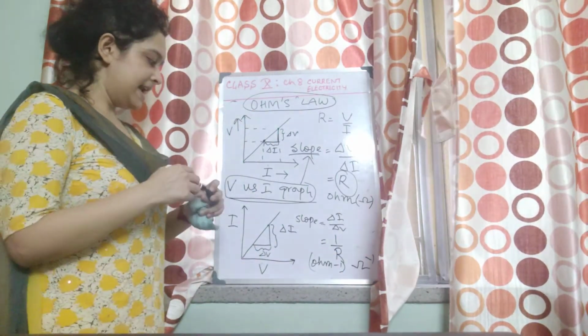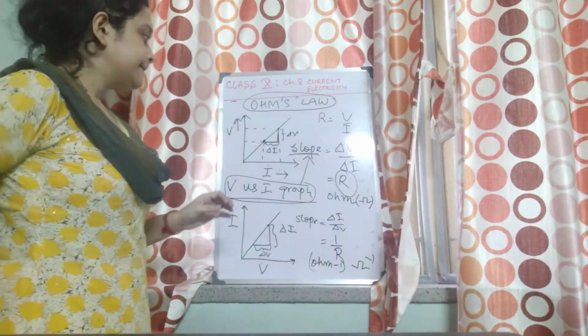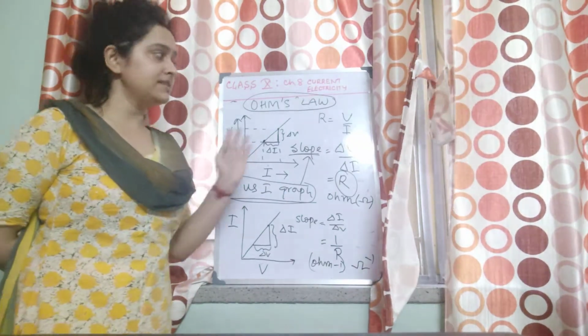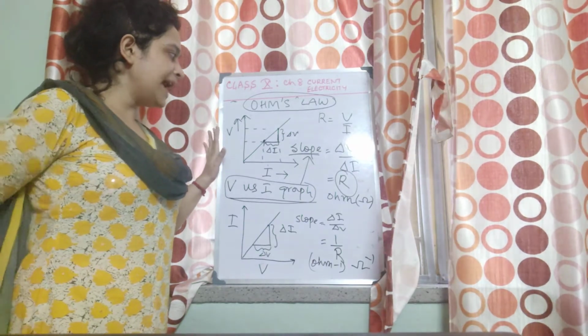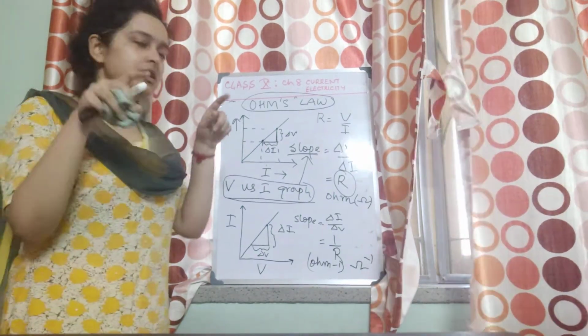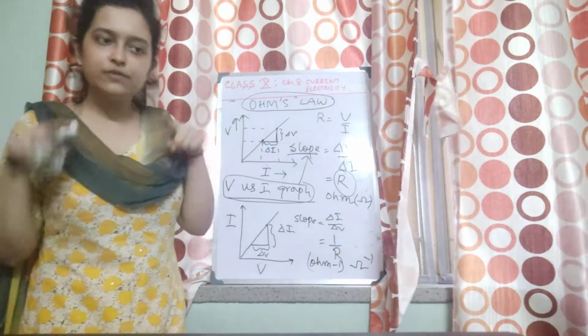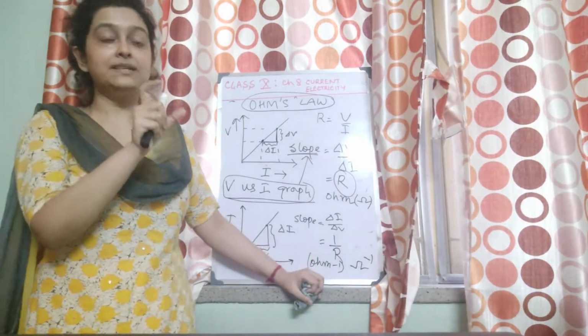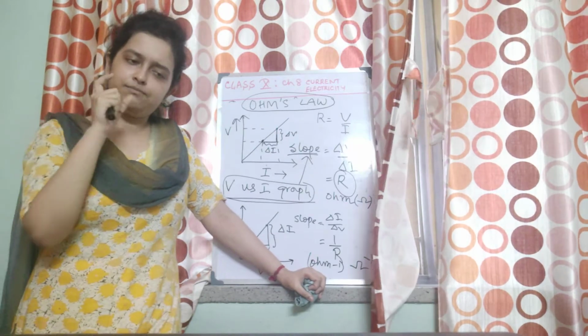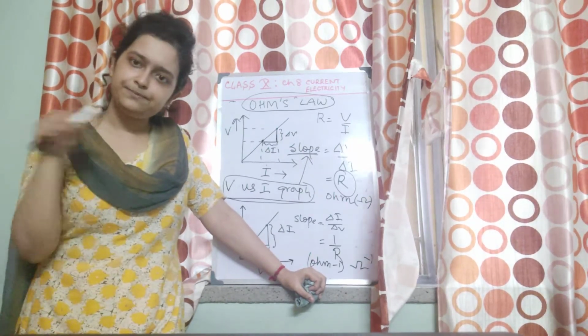Now, when I show you this experiment in the class, you will notice that each time you will have a milliammeter. How do you measure the current in an electrical circuit?